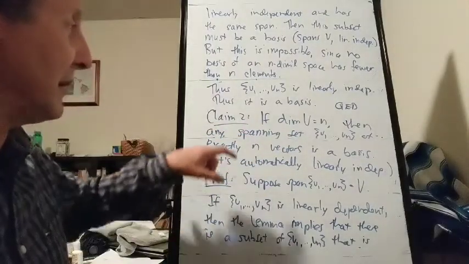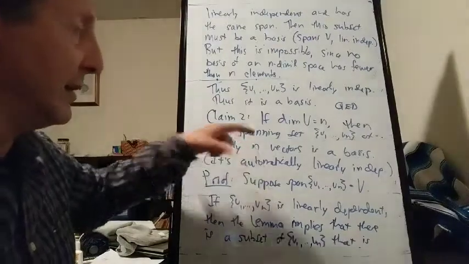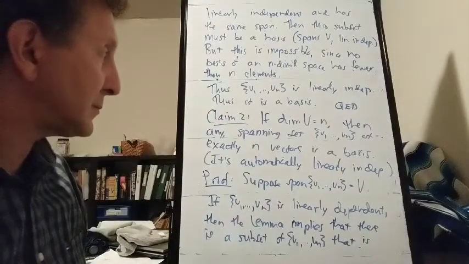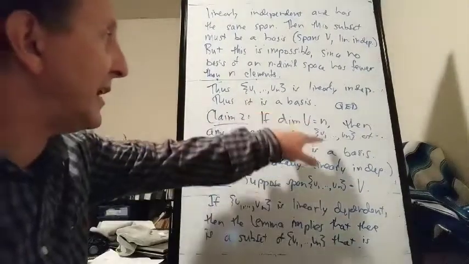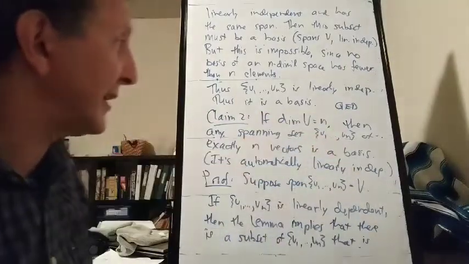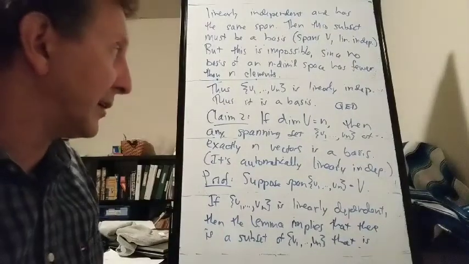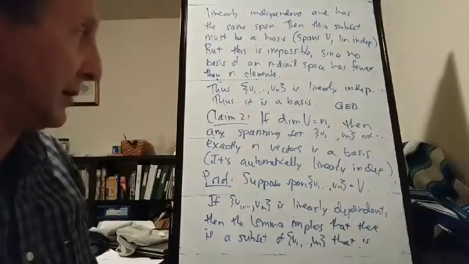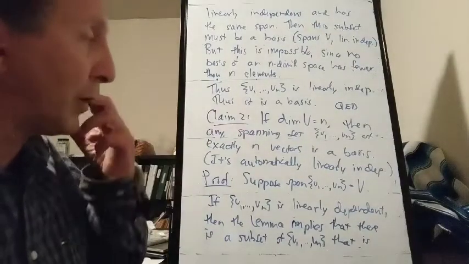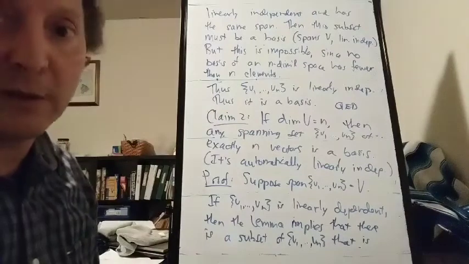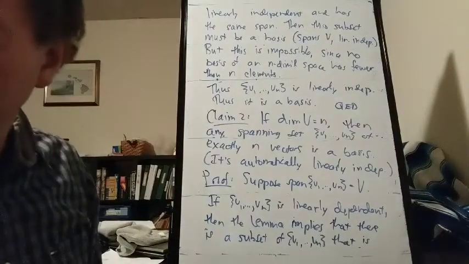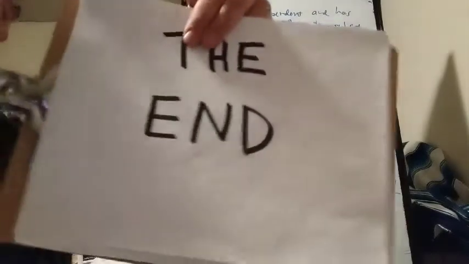We don't need to check that something is both a spanning set and linearly independent. Knowing that the dimension is n and the number of vectors we're looking at is n, it would suffice to show either that it's a spanning set or linearly independent. After showing just one of those properties, we can conclude that it's a basis. The end.